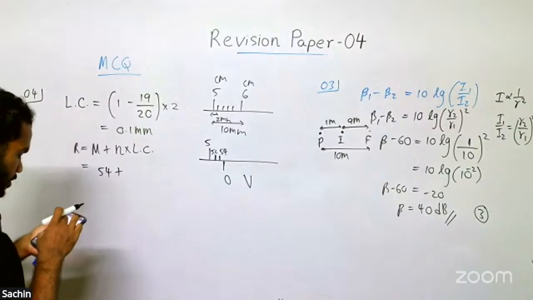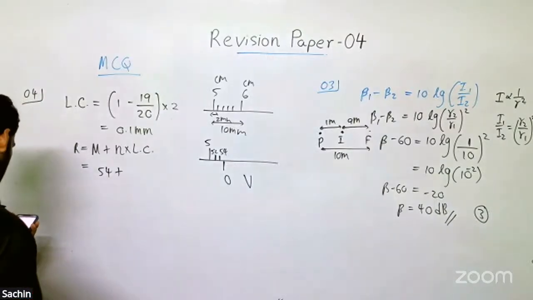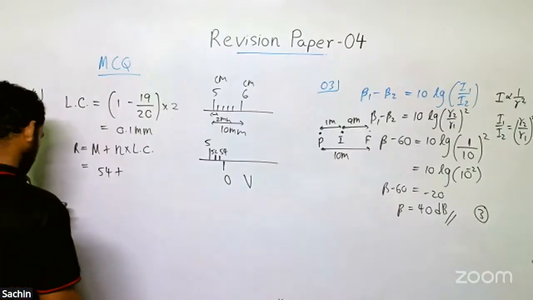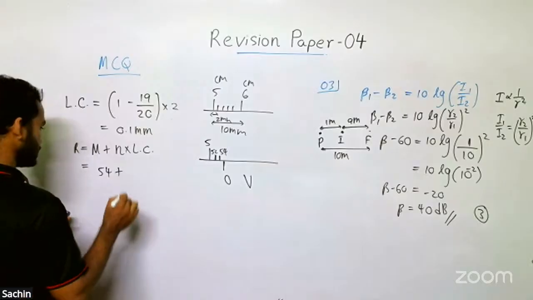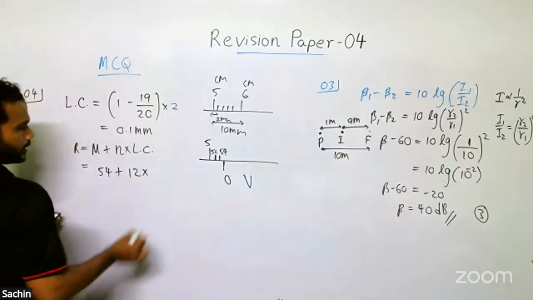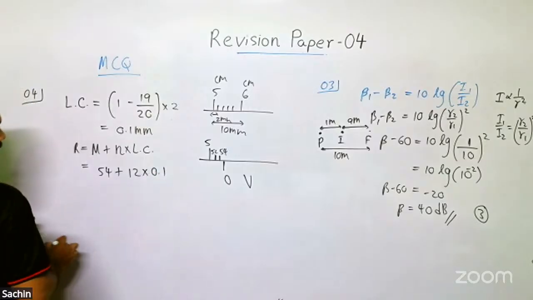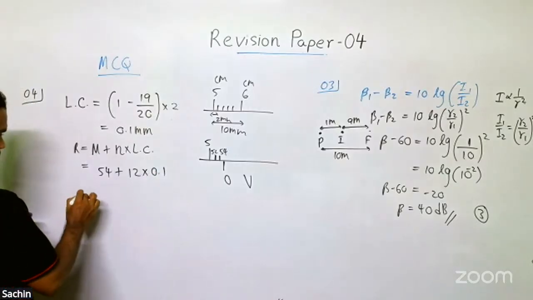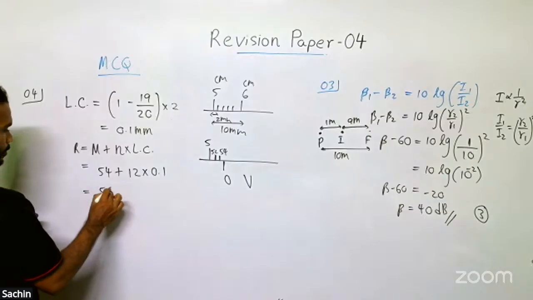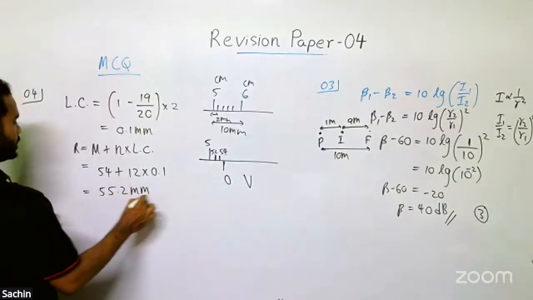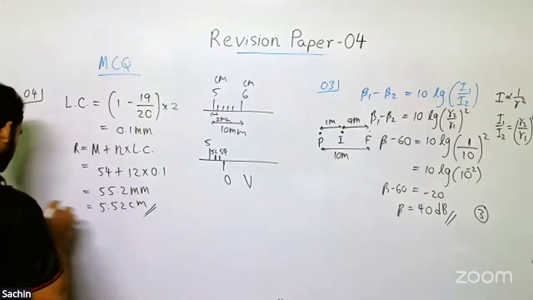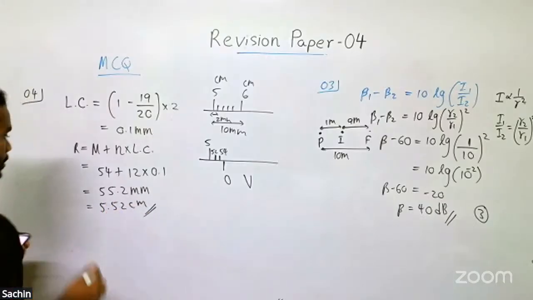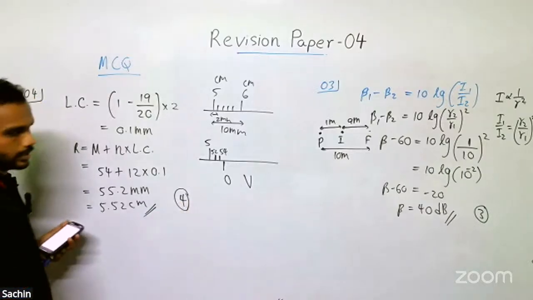And the number of coincided vernier parts is what? Here it is given by an arrow. The vernier part which coincides with the main scale part is the 12th part. And the least count is 0.1. So 55.2 millimeters, the final value. It is 5.52 centimeter. So the correct option is the fourth one.